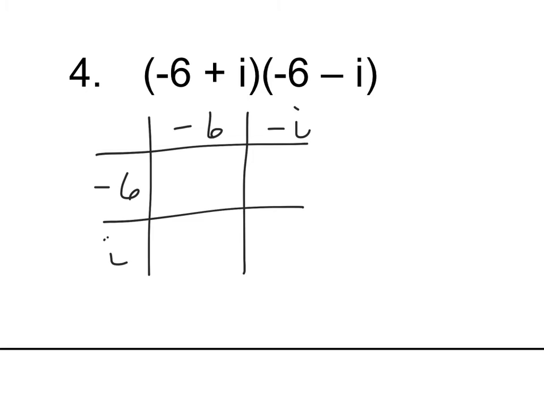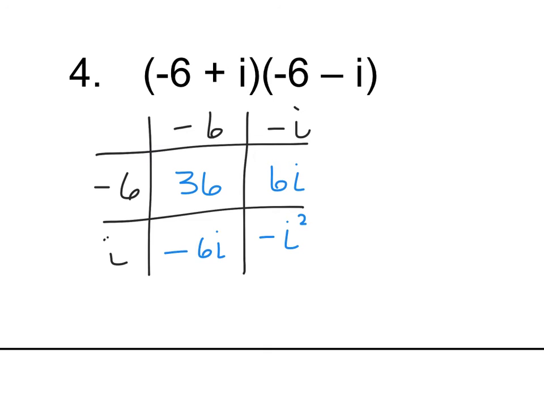Now we multiply just like you would a multiplication chart. -6 times -6 goes here, -6 times i goes here, -i times -6 goes here, and -i times i goes here. So -6 times -6 is positive 36. -6 times i is -6i. Then -6 times -i is positive 6i. And -i times positive i is -i squared.